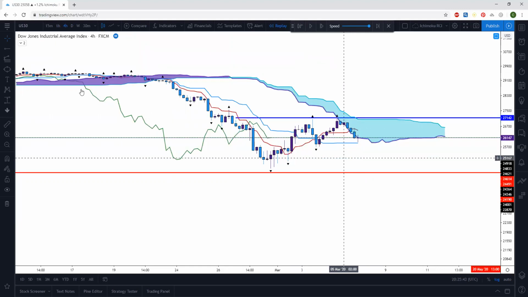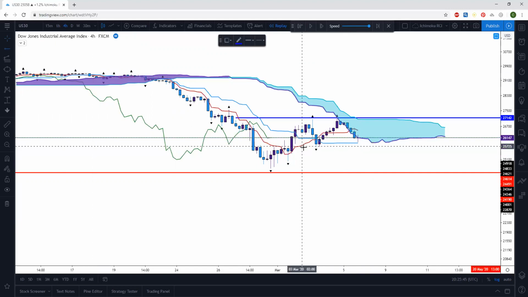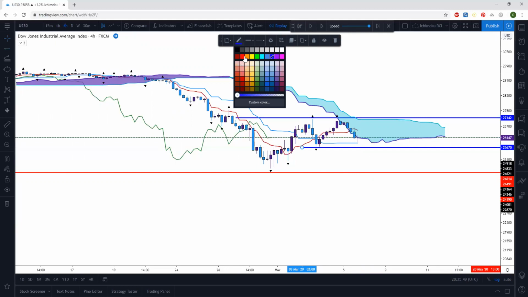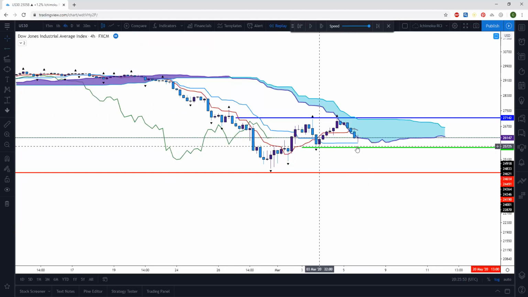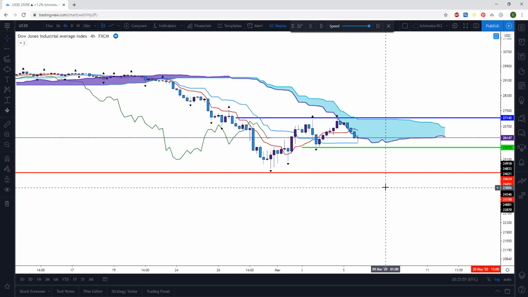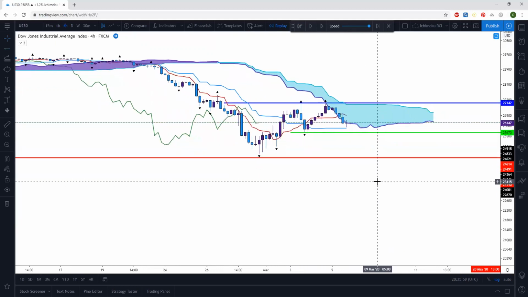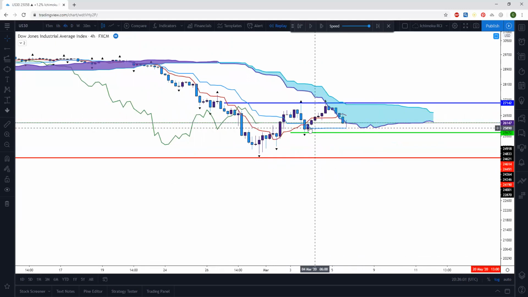So what we could really do at this point is put your sell right there. Once that fractal is broken, you made a double top right here, take that trade down. But let's really break this down first. We know that the market's flat right here. We know that we have some resistance right here with the Kijun.